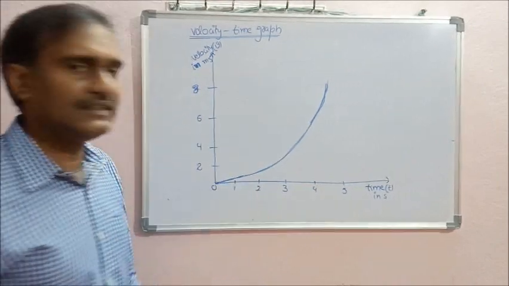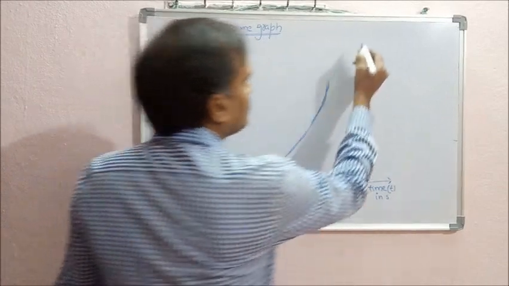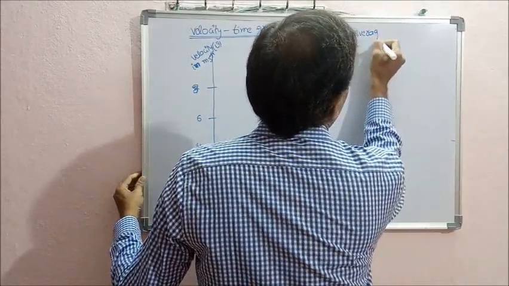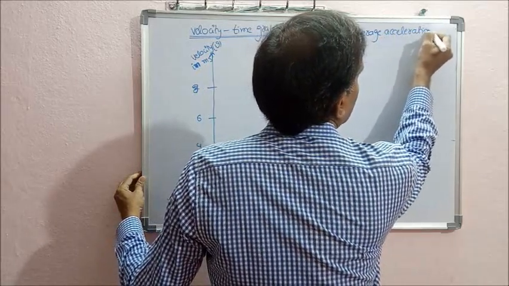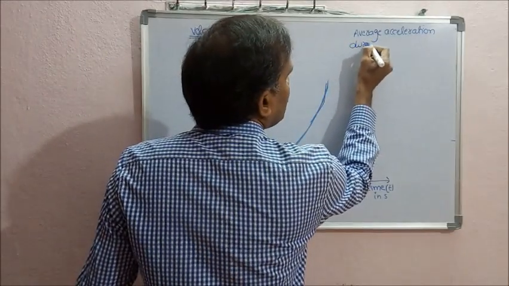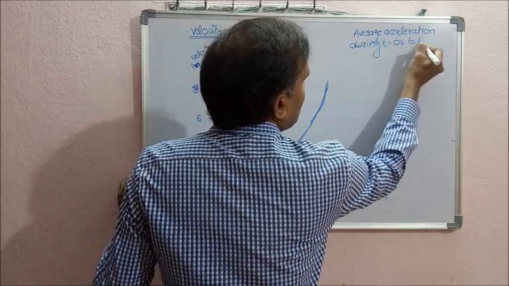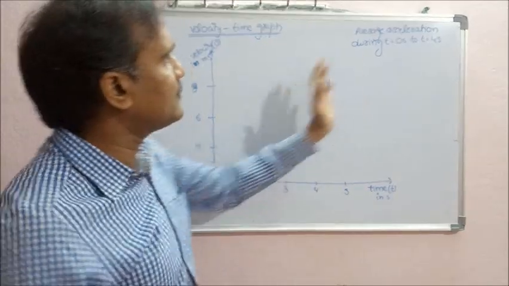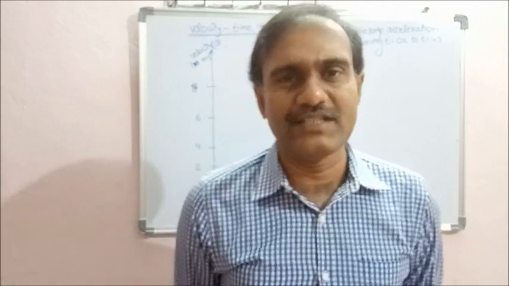We want to find out the average acceleration during t is equal to 0 seconds to t is equal to 4 seconds.